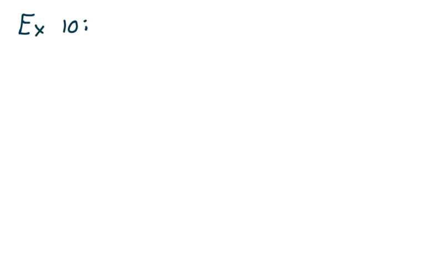Now, what if I gave you the following? So, what if I gave you 9x squared minus 6x plus 1 minus 9y squared? Okay. Now, if I look at the first three terms of this four-term polynomial, okay, that's a perfect square.